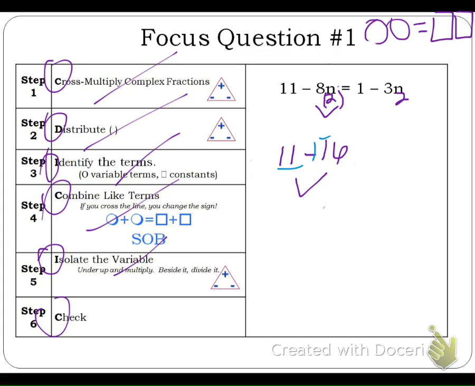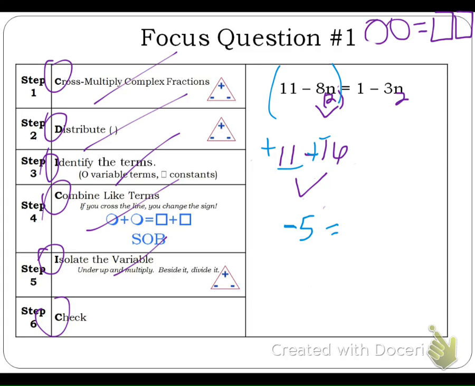A positive 11 and a negative 16 are opposite signs, so I need to subtract. 16 minus 11 is 5, but the bigger sign wins, so it's a negative 5. So all that on the left-hand side is equal to negative 5. Now let's look at the right-hand side of the equation.